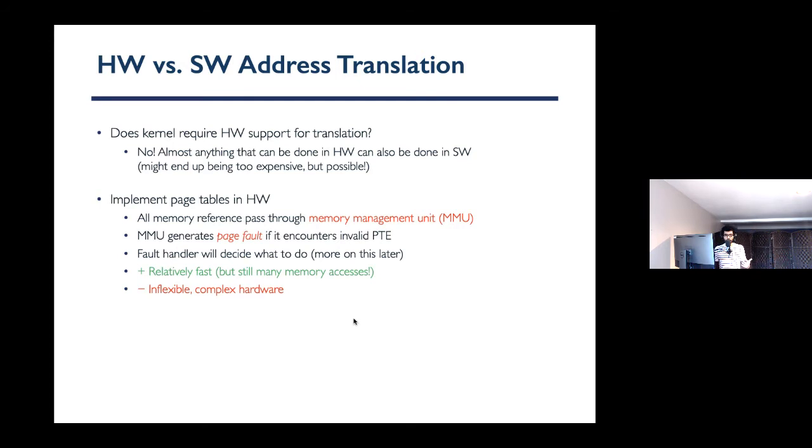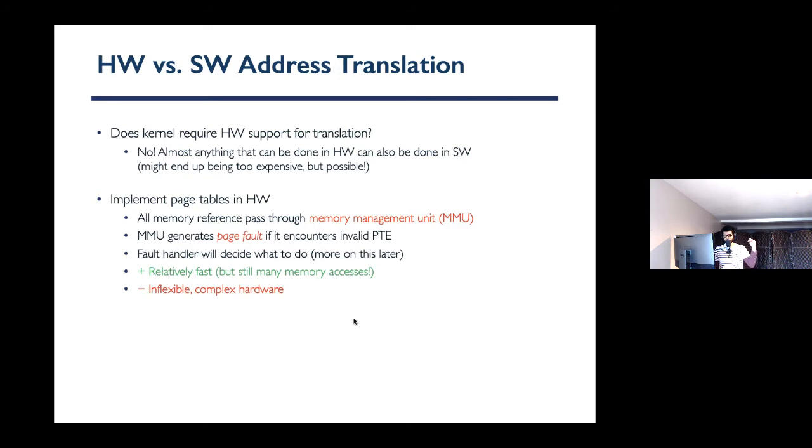When you start running your program, every time an address needs to be translated, the virtual address is sent from the CPU to the memory management unit, which is sitting next to the CPU, and the memory management unit does the translation and brings the data back to the CPU. So it takes care of all the translation.